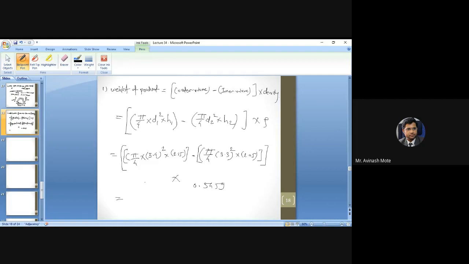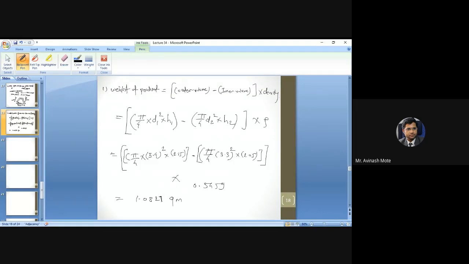Density is gram per centimeter cube, so obviously we get the product weight in gram. If you calculate it, it will come out as 1.0827 gram.